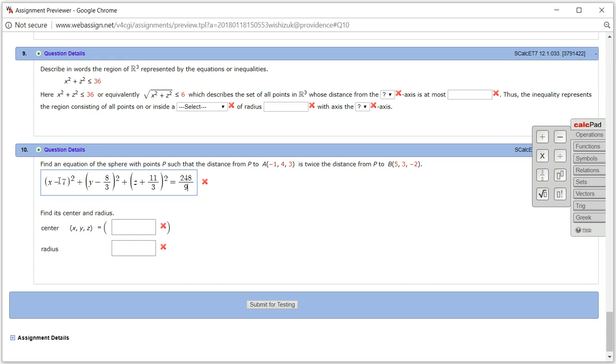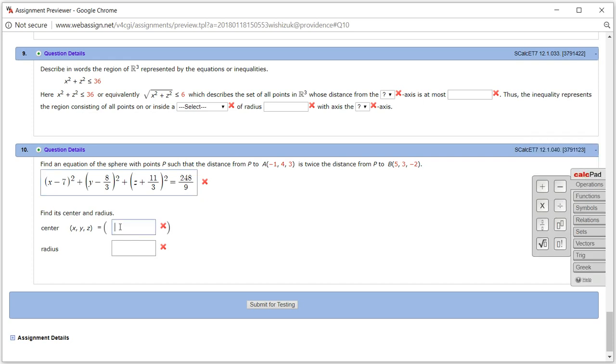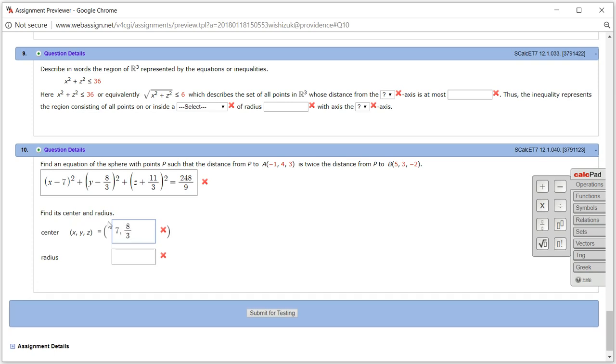The center is easy to find, so that's going to be 7 comma 8 over 3 comma negative 11 over 3.